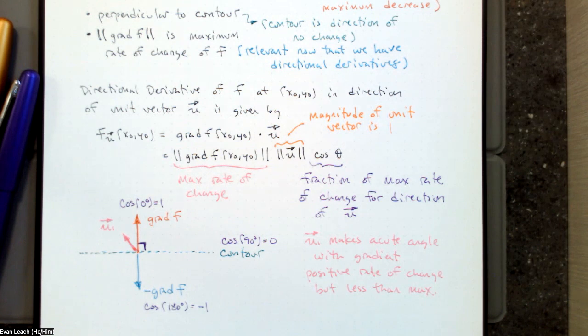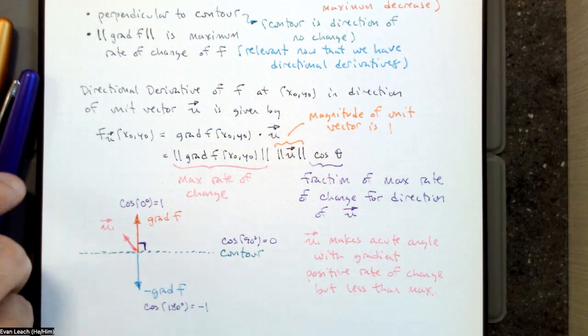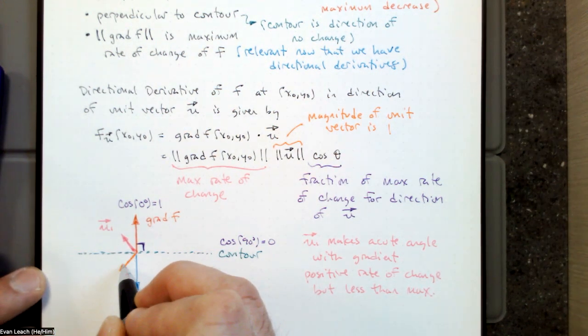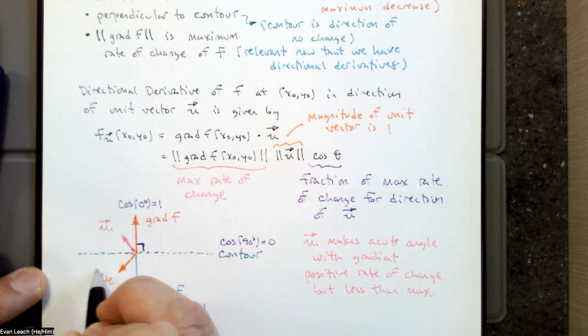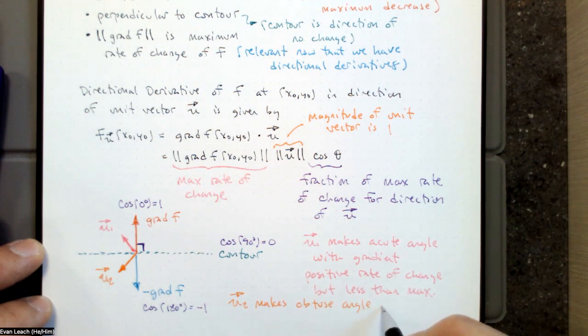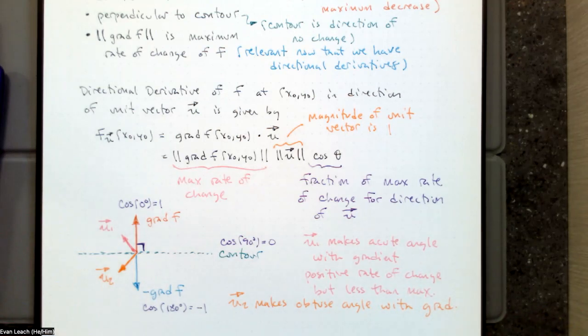If I have some other vector that makes an obtuse angle, now our direction is going against, pulling away from the maximum rate of change, and we're getting more towards the maximum negative rate of change.